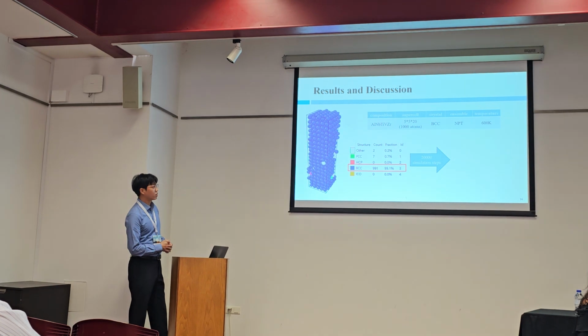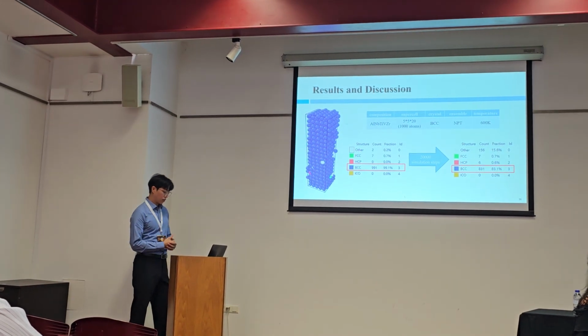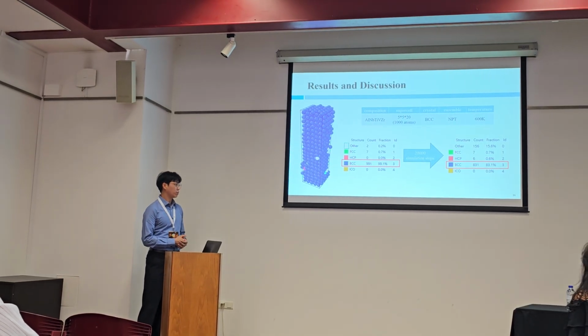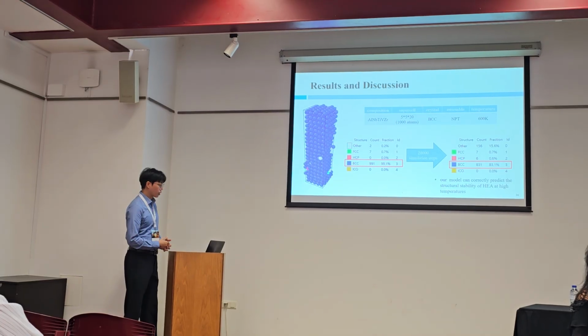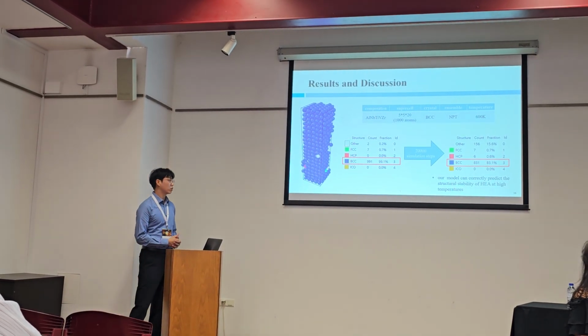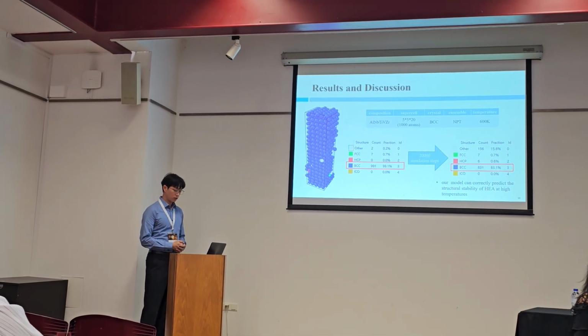And after 20,000 simulation steps, it still maintained 83.1% BCC structure. This means our model can correctly predict the structural stability of high entropy alloy at high temperatures.